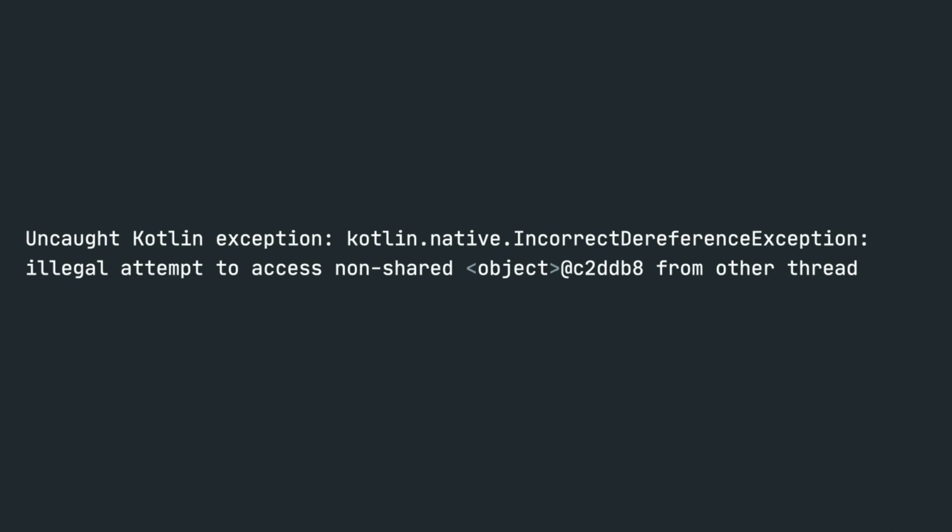Because the network call is done in a background thread, and next we are trying to access the UserDTO object that is defined in Kotlin Multiplatform in a background thread, and we can't share Kotlin Native classes between threads if the class is mutable.